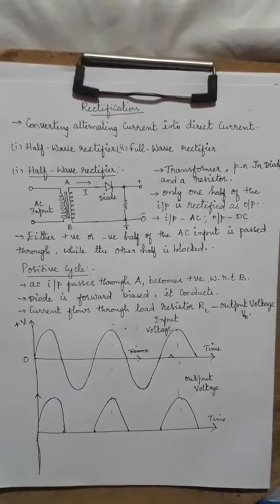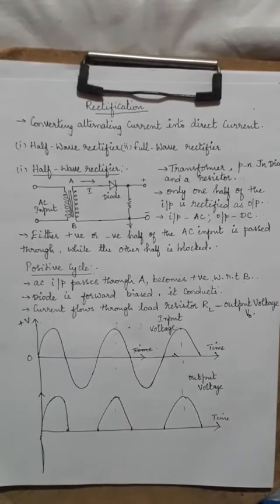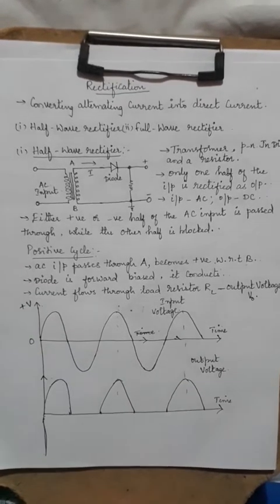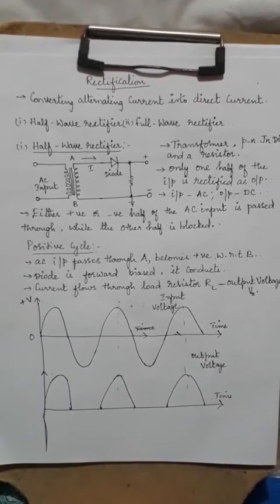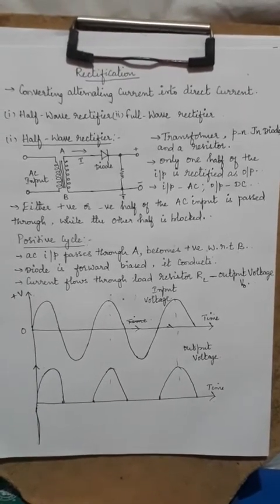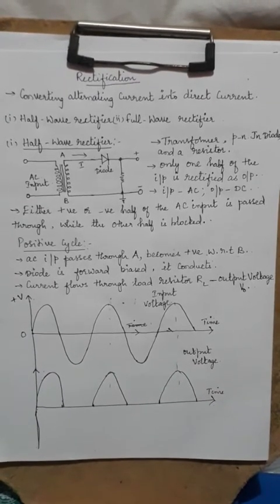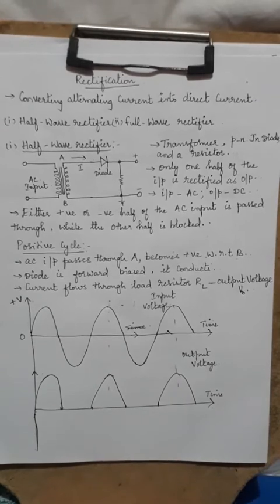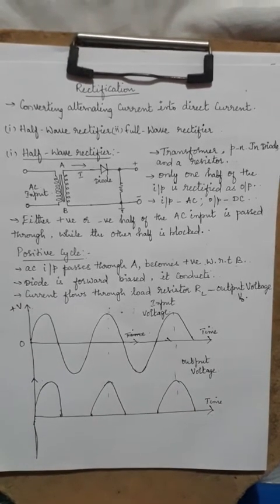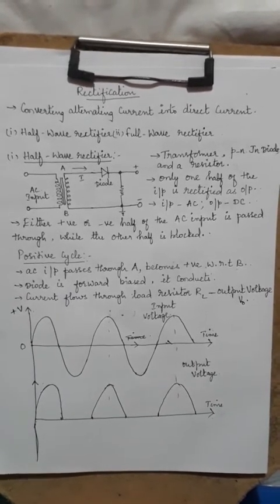So based on biasing, there are two kinds: forward bias and reverse bias. Forward bias says that p type is connected to the positive and n type is connected to the negative end of the battery. Here current is due to majority carriers, and once it has crossed the potential barrier, the current starts increasing rapidly.